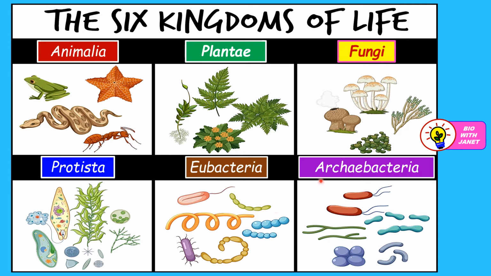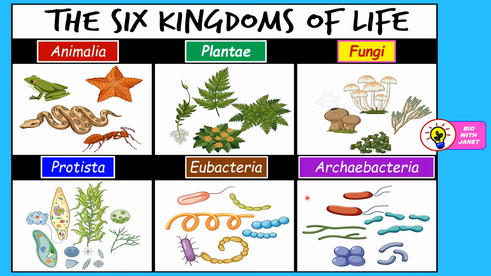Now, the last one is Archaebacteria, which are more primitive than Eubacteria, and they have simpler structures. All right, so they are different from Eubacteria because the cell walls do not contain a compound, okay, called peptidoglycan, whereas Eubacteria has cell walls that are made up of peptidoglycan.